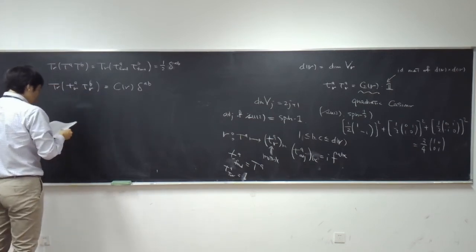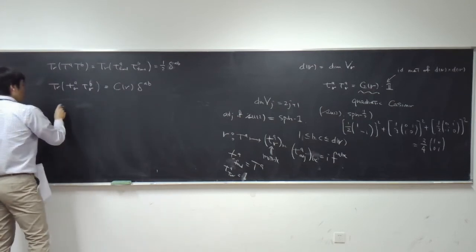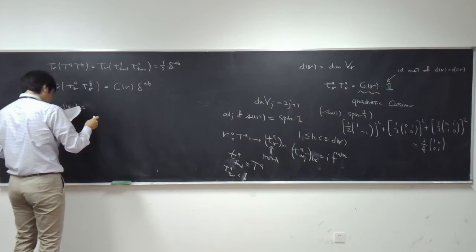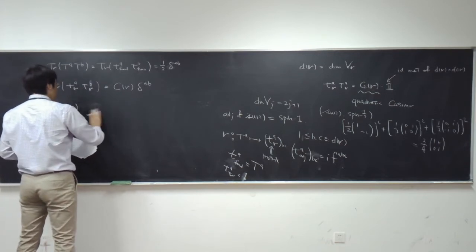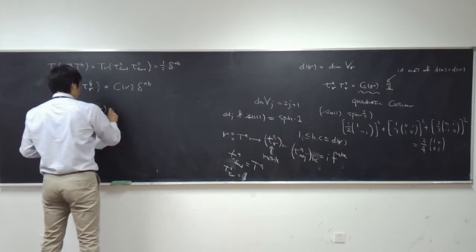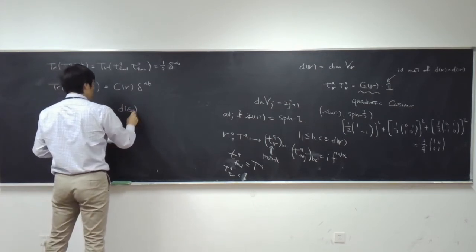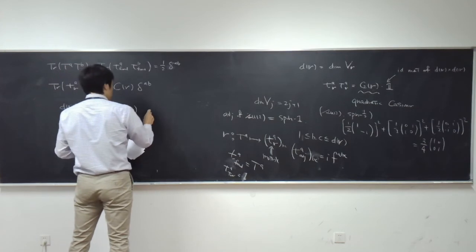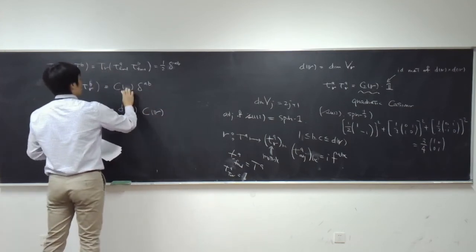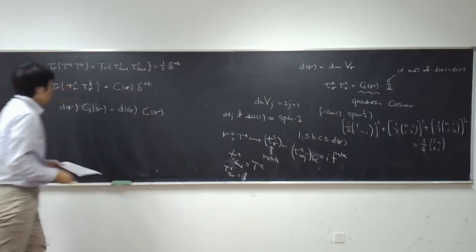And then the important relation is as follows: the dimension of the representation times the Casimir of the representation is equal to D of G times C of the representation.